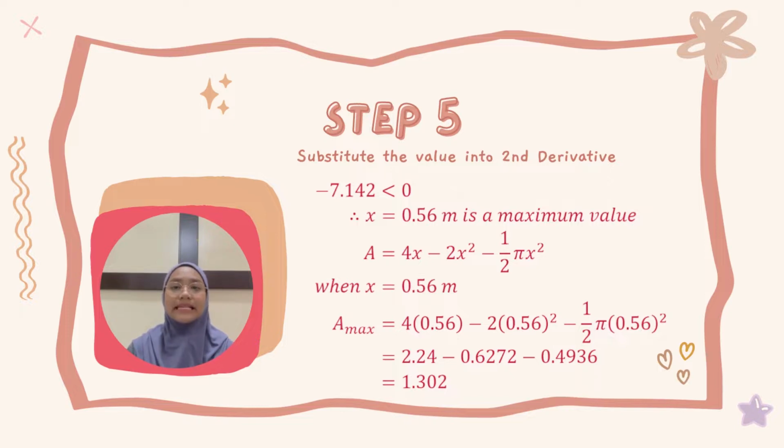So when x equals 0.56, we substitute 0.56 into the area equation, which becomes A max equals 4 in bracket 0.56 minus 2 in bracket 0.56 square minus 1 over 2 pi in bracket 0.56 square, and it becomes 2.24 minus 0.6272 minus 0.4936, and it equals 1.302.